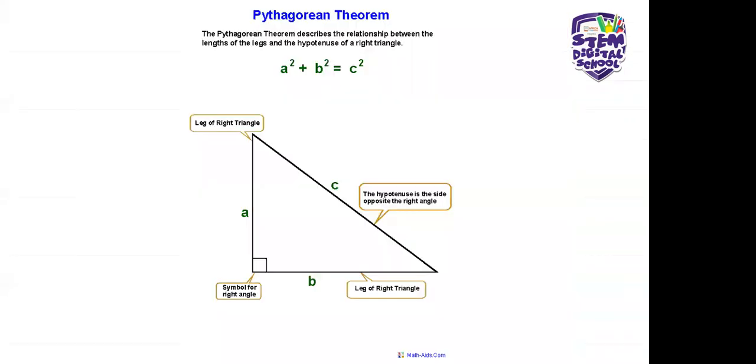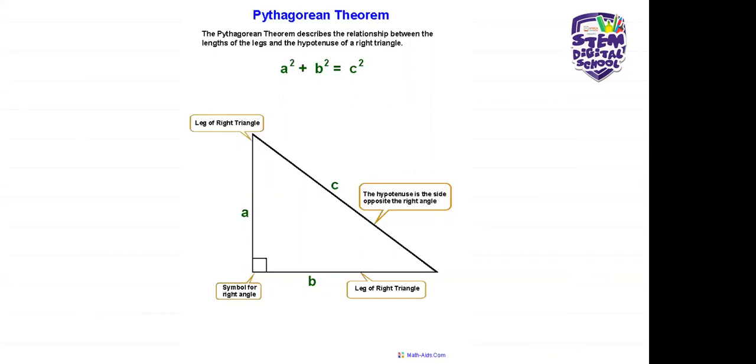And to wrap it up, there are 4 things that you need to remember. The first thing is that the leg of the right triangle and the other leg, where they meet, they must form a symbol there, which is known as the right angle or 90 degrees. And the last side, which is opposite the 90 degrees, is known as the hypotenuse side.